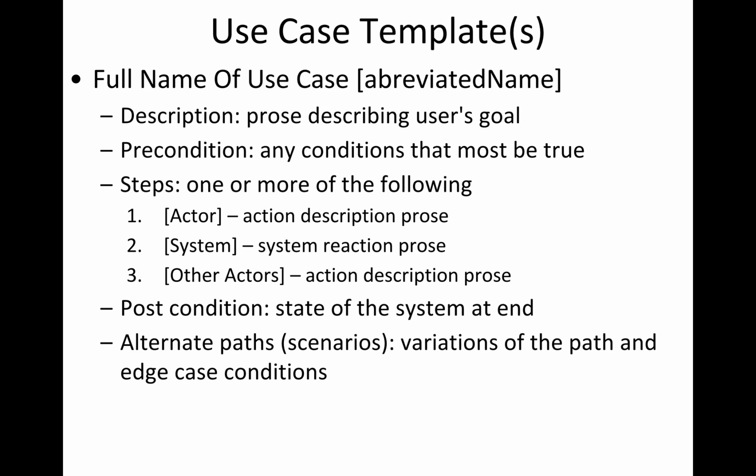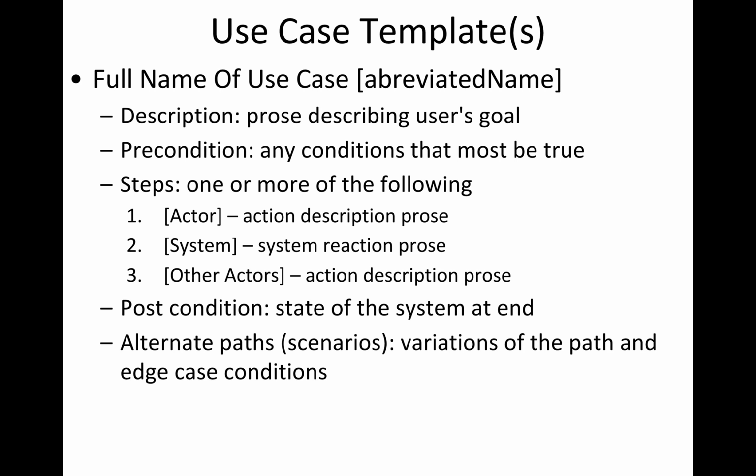And then in a description field you would describe a bit of the context of what the user is trying to do. What is the user trying to accomplish? So this would be perhaps a verbose set of paragraphs describing what the user is trying to accomplish.